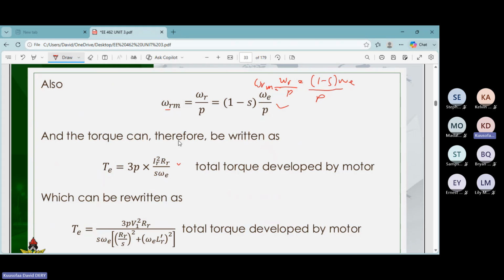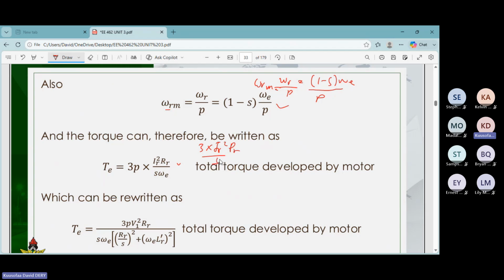So the torque that is developed by the motor is given by what? This expression. So that is what we are going to have. This expression that we are seeing here, we know that the power, the three-phase power is given by what? 3 times IR squared RR over S. So we need to divide this by the speed.